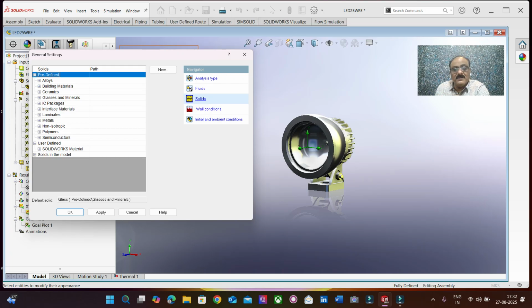The solid system is the external structure, and that also takes part in the thermodynamic system, because we need to find the temperature distribution across the projector lamp.